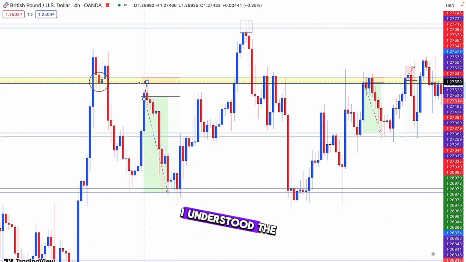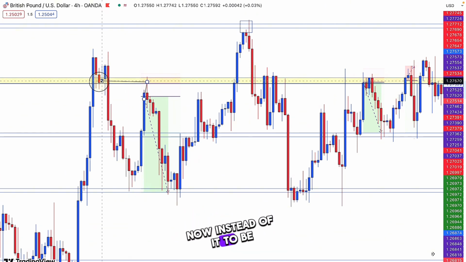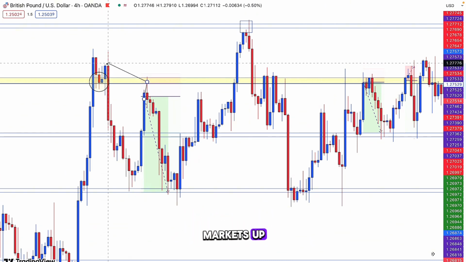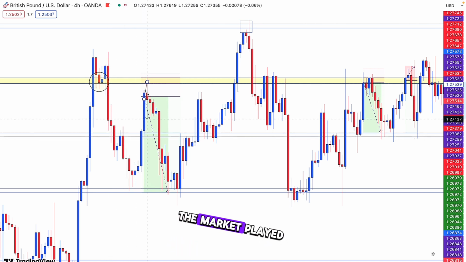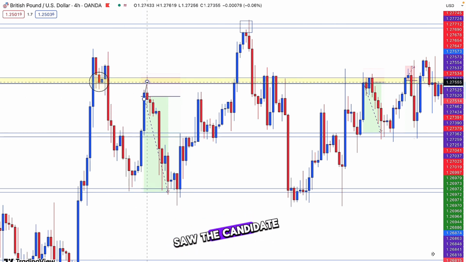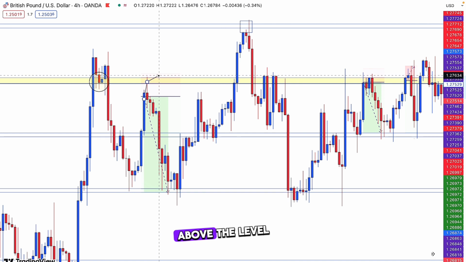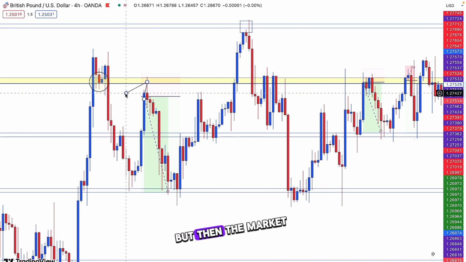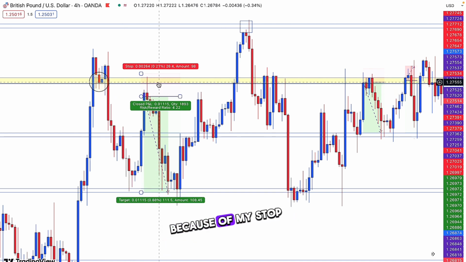That is the same thing I understood. The market, instead of being a support which took the market up, became a resistance, and now the market came into the zone, I saw the candlestick pattern, and I set my stop loss above the level. But then the market played around that level. Because my stop loss was set above a resistance, I got saved.